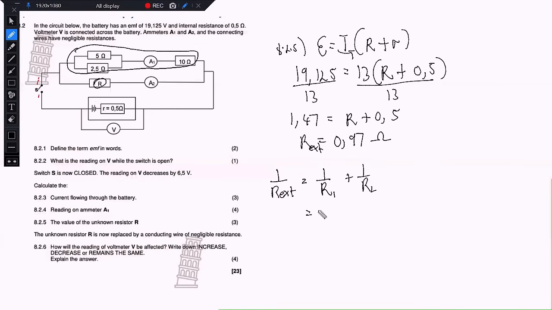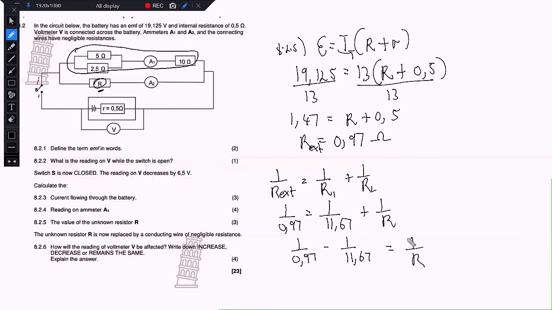So that's 1 over 0.97, and 1 over, we did calculate, 11.67. So the R2, we are going to take it as this R only. And then now it's just 1 over 0.97 minus 1 over 11.67 is equal to 1 over R.